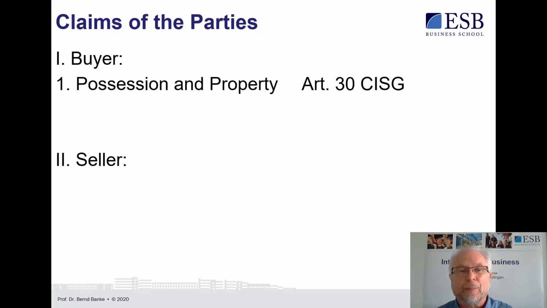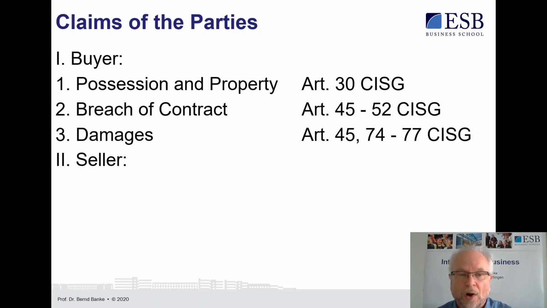And then we have the primary claims, such as possession and property, that the buyer wants. And if it goes wrong, he might be interested in damages, reduction of price, delivery of substitute goods, or whatever. And we find that in the Articles 45 to 52 of the CISG.